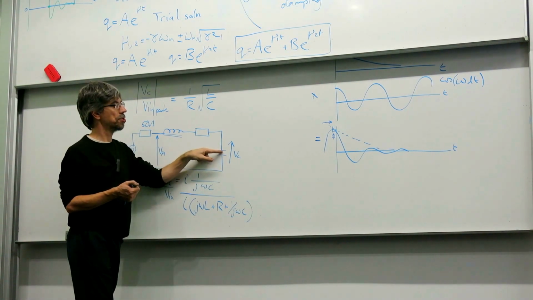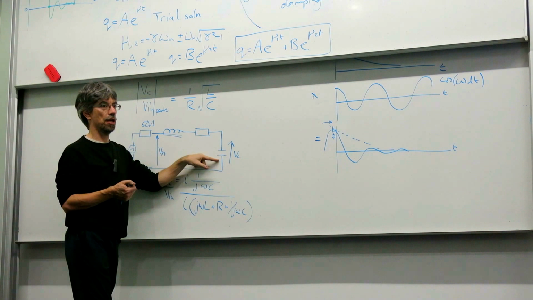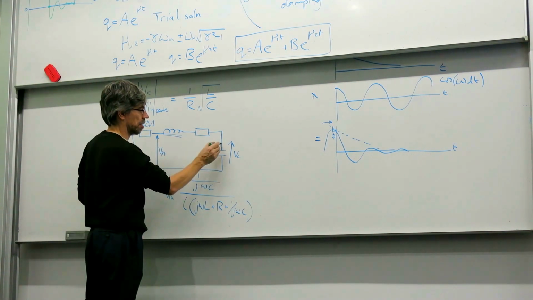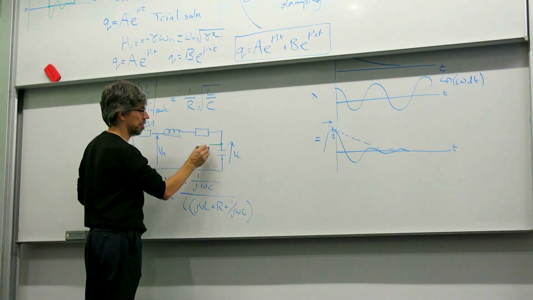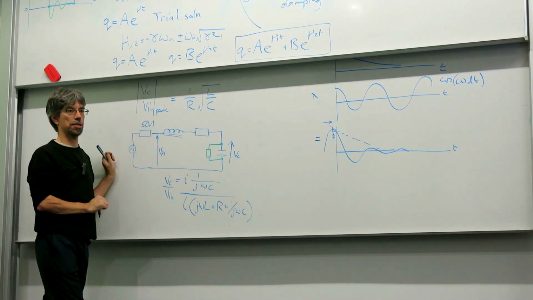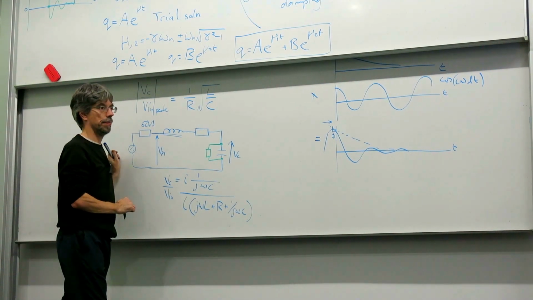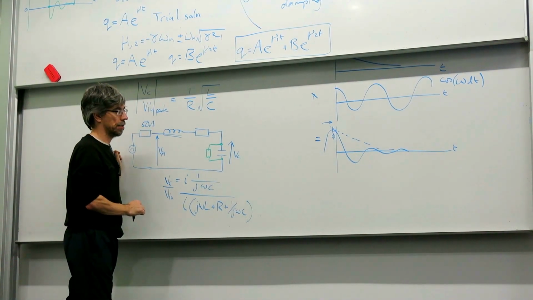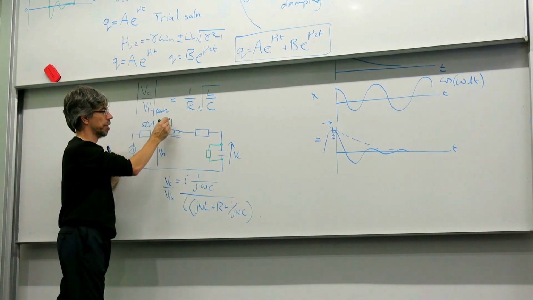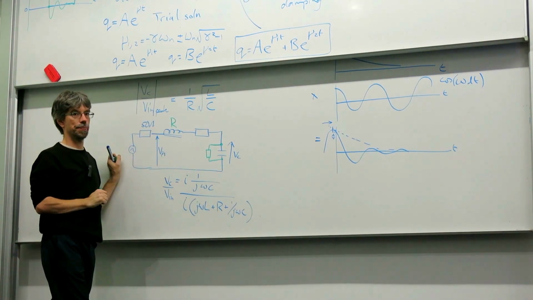There might possibly be some leakage of current, some little bit of resistance that allows current to leak between the plates. But mostly in this circuit, the resistance is coming from the wire that goes to make up the inductor.